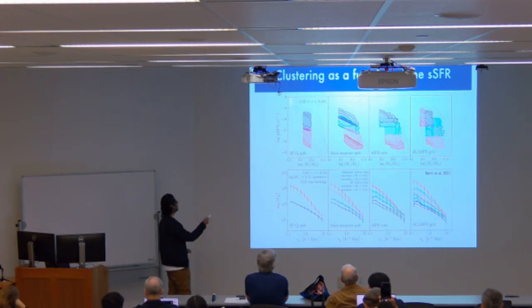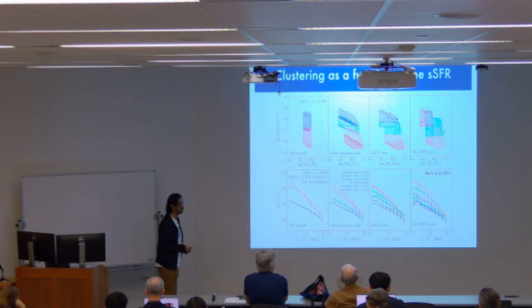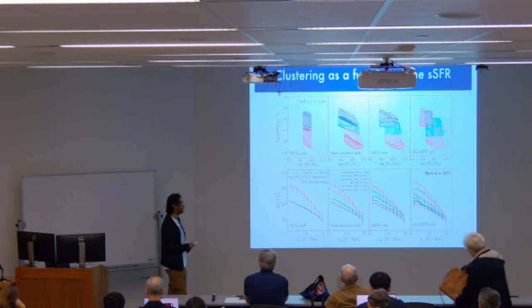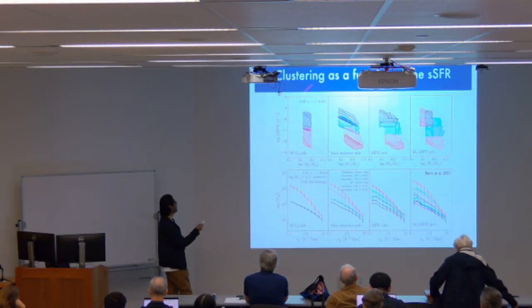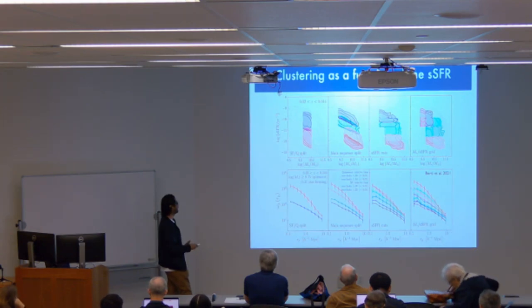So we are seeing different ways, and they are trying to measure the correlation function in the specific star formation rate versus the stellar mass plane. In this paper the authors divided their samples as a function of the specific star formation rate. The important point is that they are seeing a monotonic trend between the clustering and the star formation rate, in the direction that highly star-forming galaxies cluster less than more quiescent galaxies.